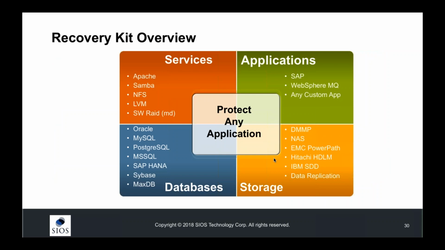And the recovery kits, as I mentioned before, really are the connective tissue for all these other things. DataKeeper handles its job of synchronizing data. But now, how about all the services that are involved in the application stack? How about the applications themselves?